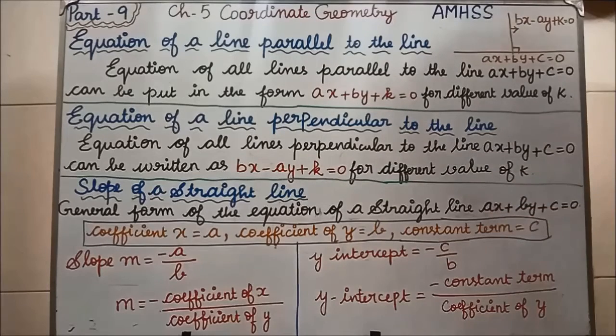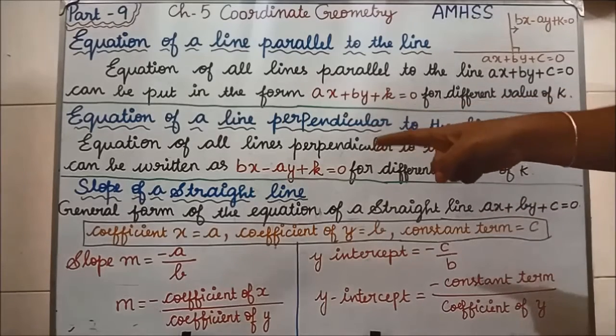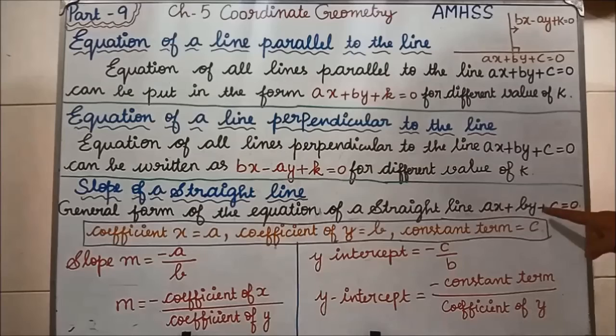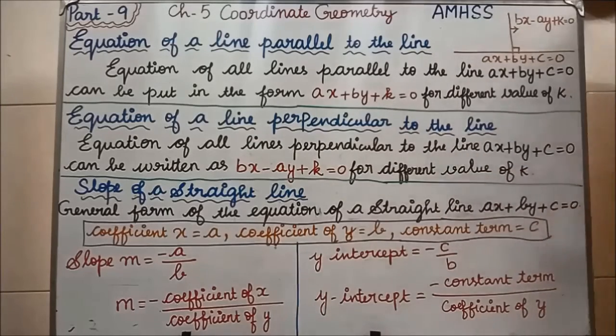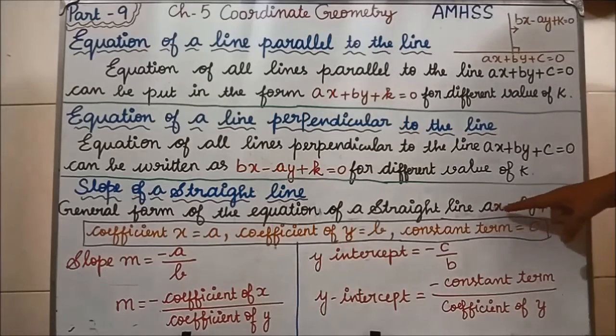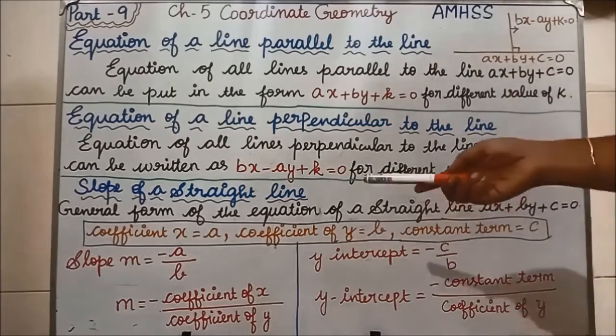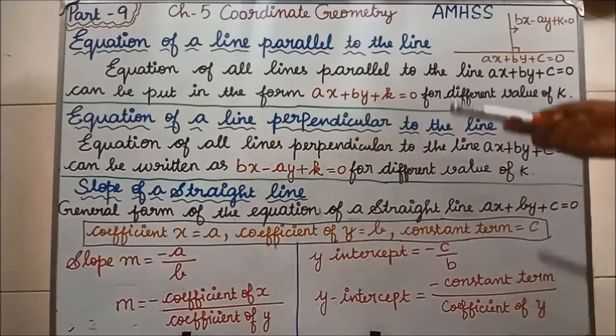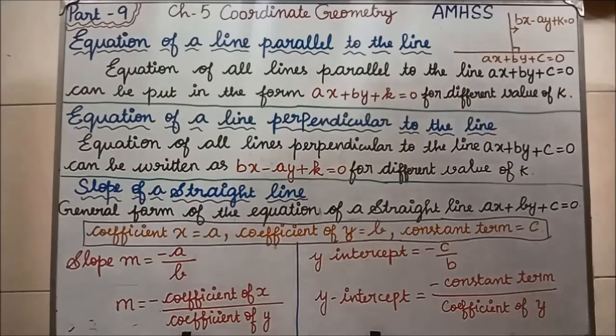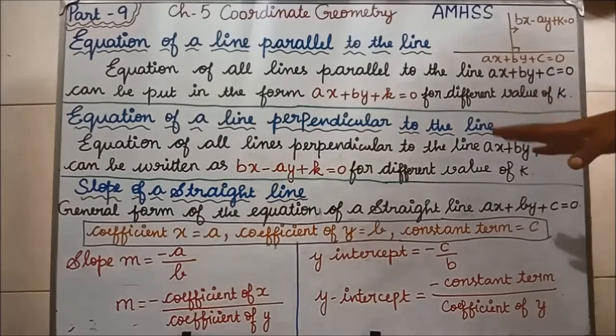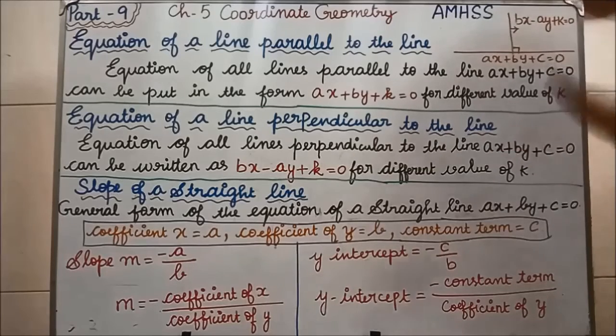Coefficient of x is a, coefficient of y is b, constant term is c. Clear? So if they give an equation and ask you to find the slope, slope m is equal to minus a by b is your formula. a is the coefficient of x, b is the coefficient of y. So the formula itself is m is equal to minus a by b.